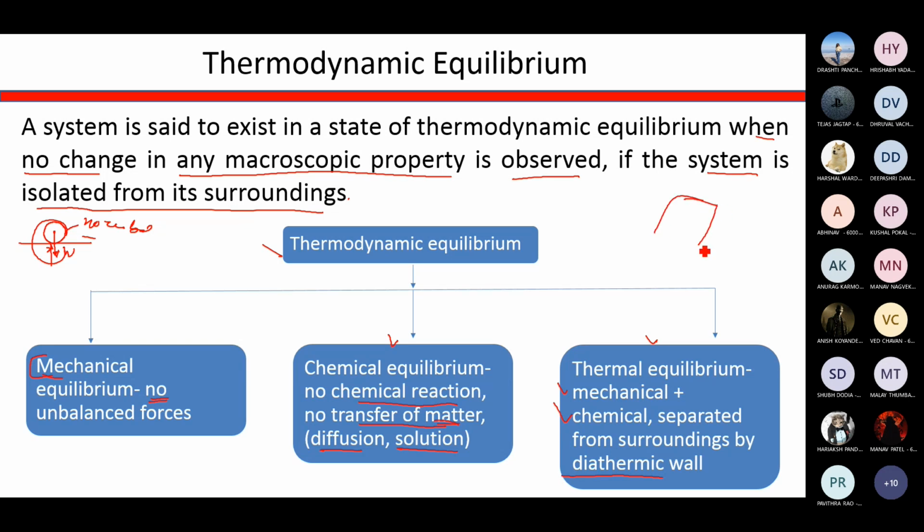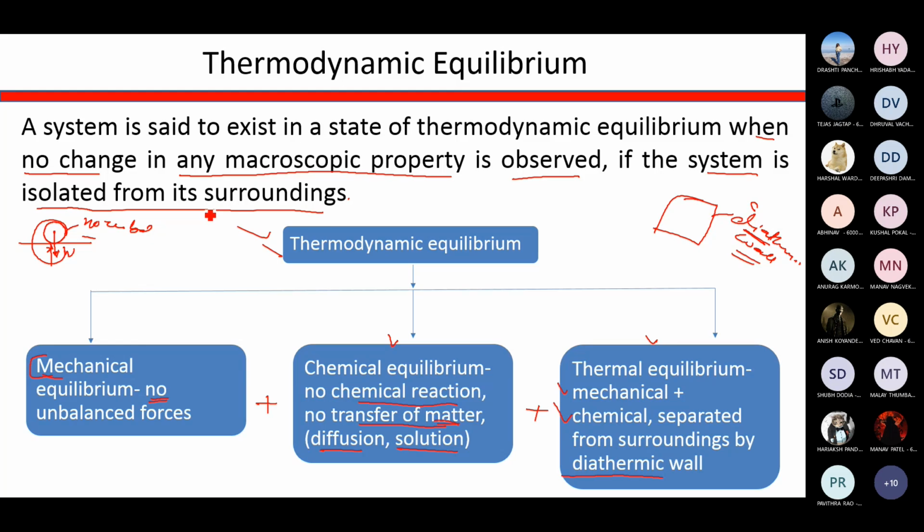A diathermic wall is a wall which will allow heat transfer, or heat flow, to take place across it. If this is the scenario, and all these three criteria are met, then by default your system is in thermodynamic equilibrium. Clear?